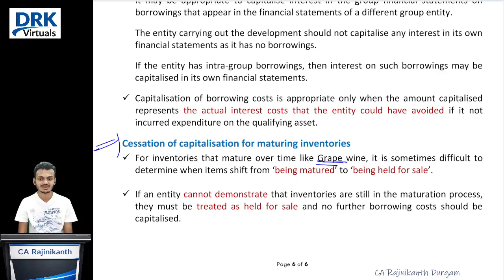So what the standard is saying is that if the entity can demonstrate that the maturation process is still in progress, yes, you can capitalize the borrowing cost. If the entity cannot demonstrate that, cease capitalization of borrowing cost. That is what the standard is saying.